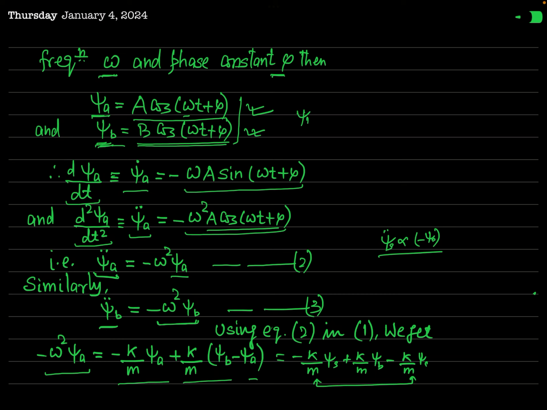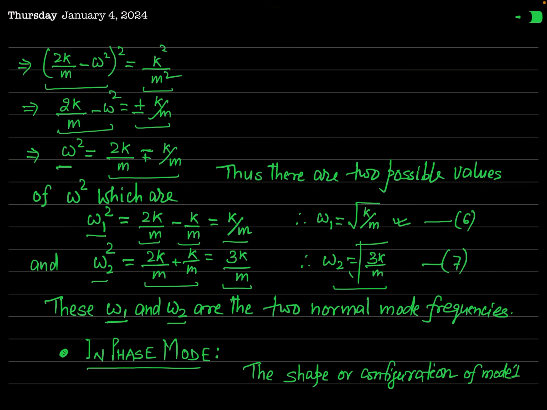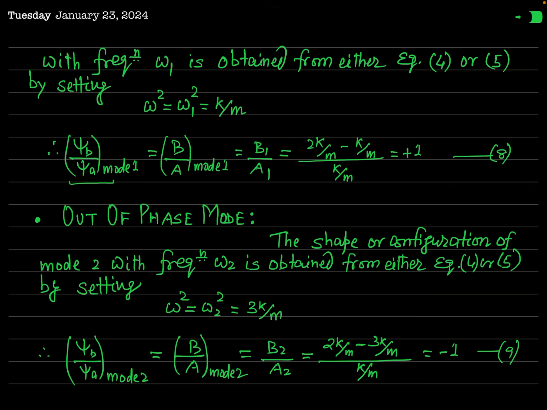So from here you can see that this psi B by psi A is simply B by A, that is ratio of the amplitudes. And so you can write that psi B by psi A in mode 1 is equal to B over A in mode 1, and we write it as B1 by A1. Here the subscript 1 refers to mode 1.